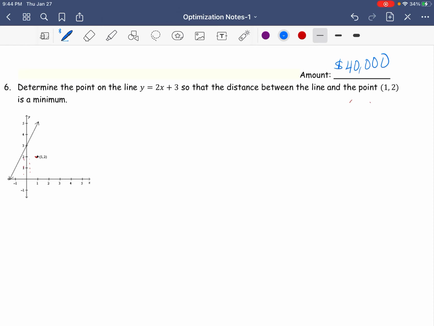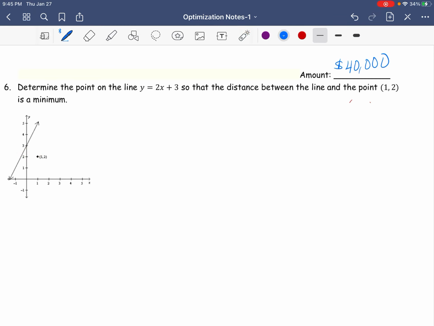So what this means is I need to find a spot on this graph so that this distance is the shortest. Would it be down here? Would it be up here? Would it be straight out? Probably straight across, right? But we have to find what this point is.